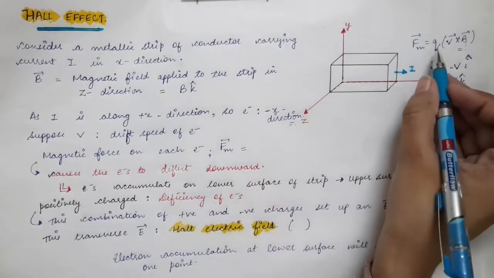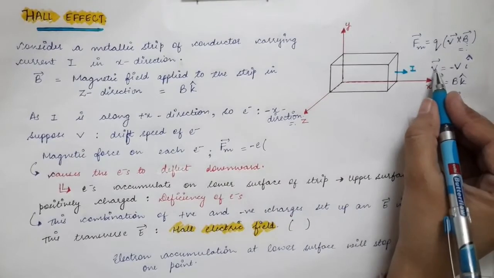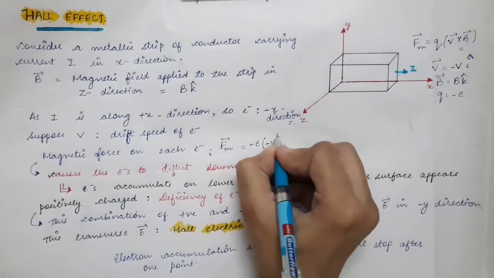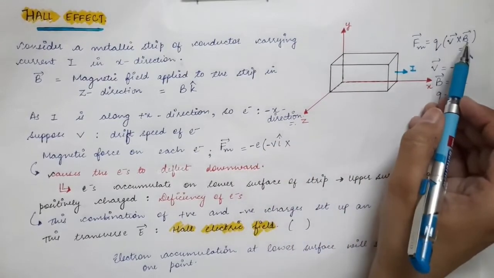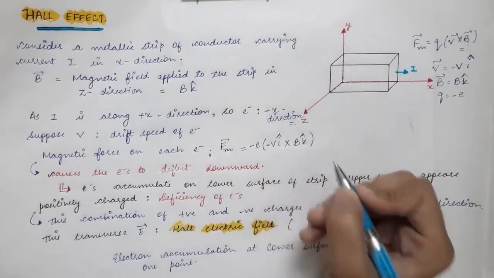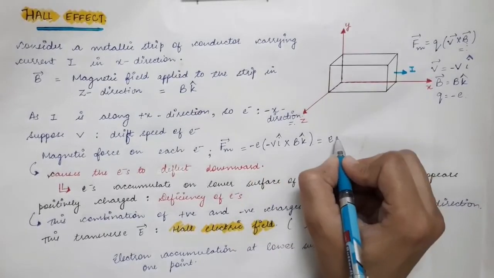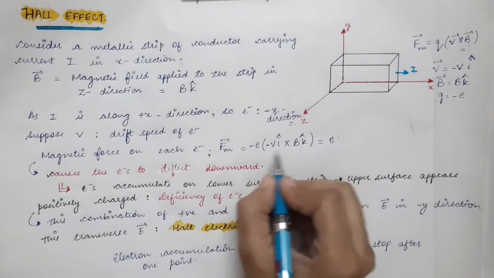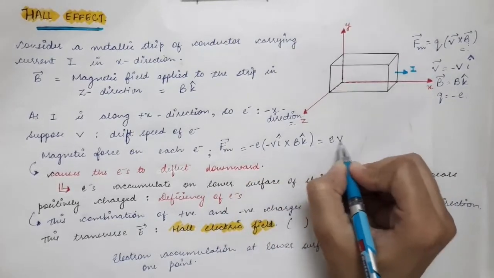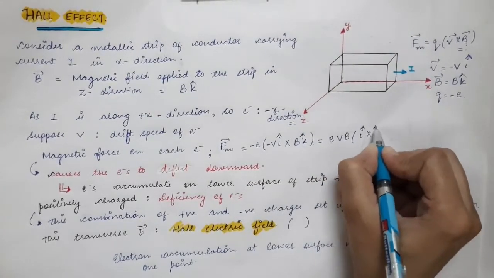So we will write the formula of force acting on the electron due to the magnetic field. That will be given by q, now q is minus e, times v vector. So v vector is minus v i cap, minus v i cap cross product with B vector, and B vector is B k cap. When you solve it, you will get e times, since the scalar quantities e, v and B can be taken outside the bracket, minus into minus will become positive and you will have e v B, and inside the bracket you will have i cross k cap.